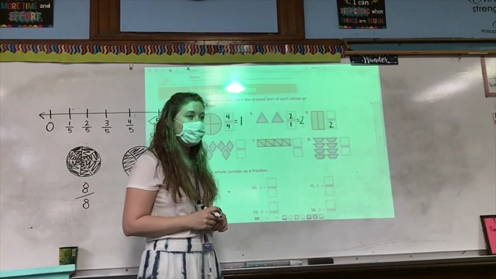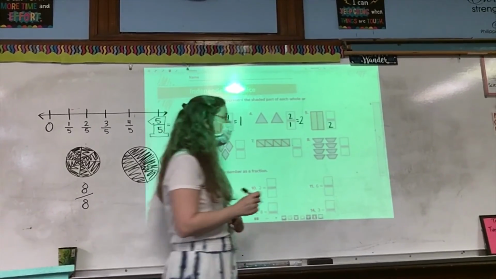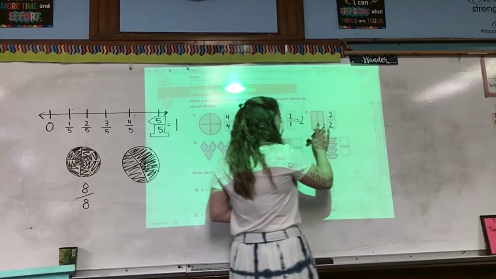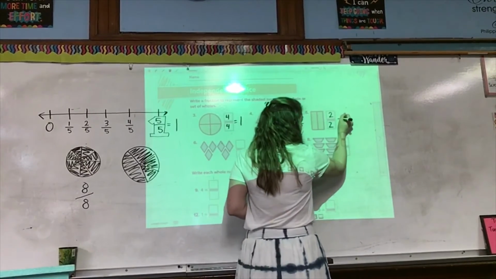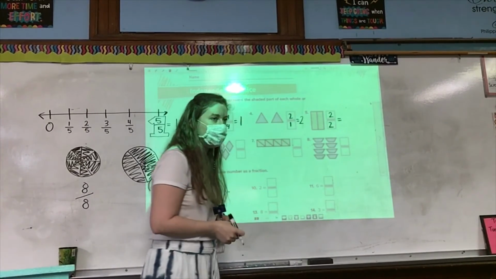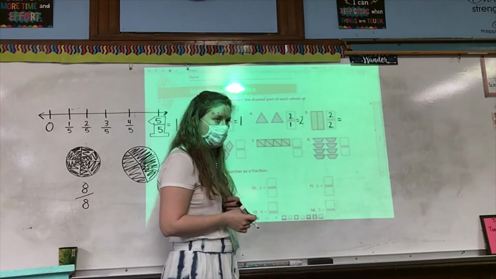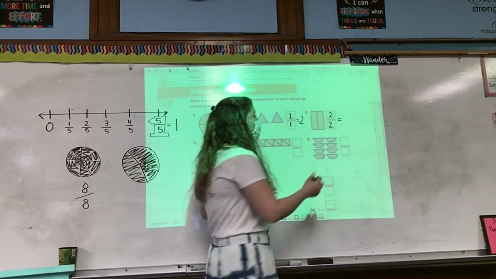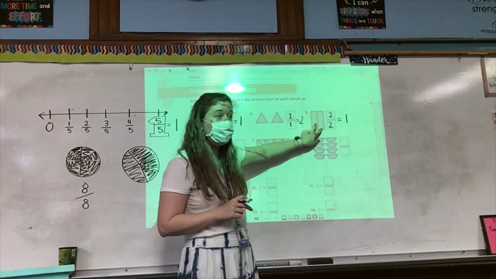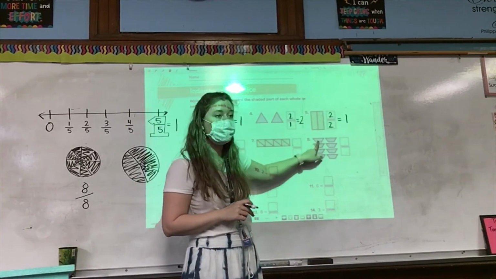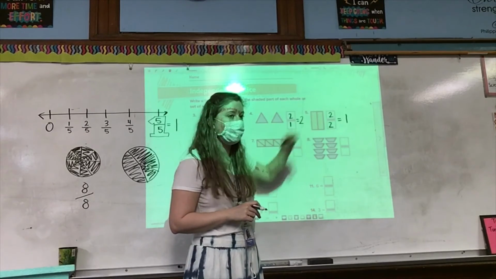How many are shaded, Carla? 2. So that means 2 out of these 2 pieces are shaded. So how many rectangles are shaded, Carla? 1. One whole rectangle. Not two rectangles, because there's no space. So that means it's just one whole.